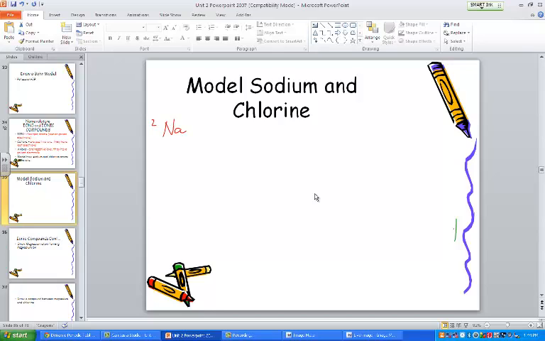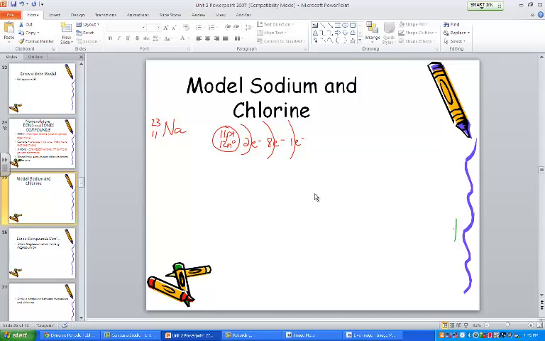Standard notation for sodium would place 23 over 11. Sodium, as a simple model, has 11 positive protons, 12 neutral neutrons, and an electron configuration that places 2 electrons in the first energy level, 8 more electrons in the second energy level, and 1 valence electron in the third energy level.